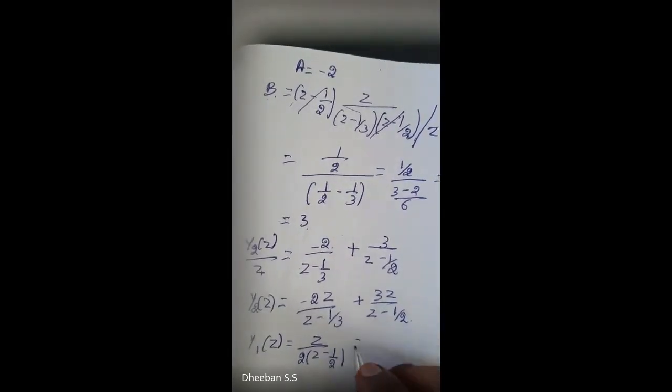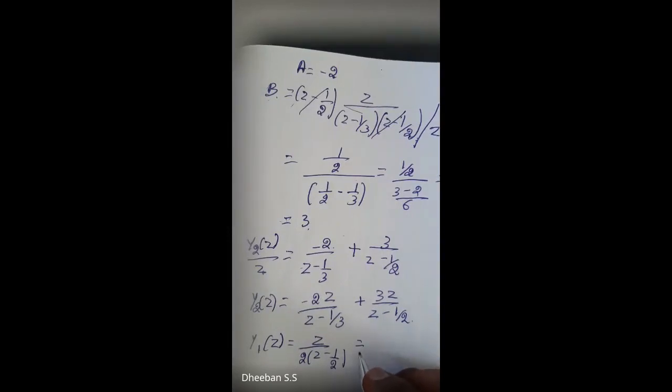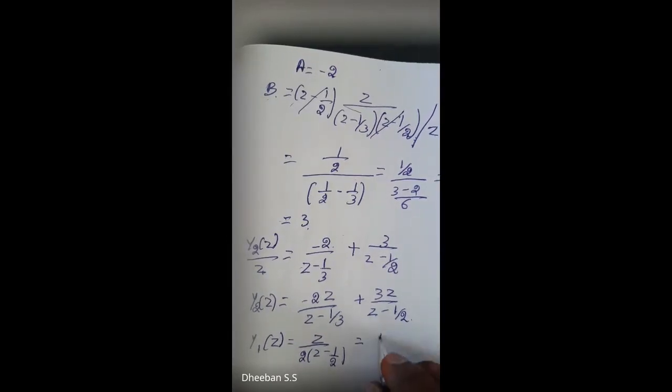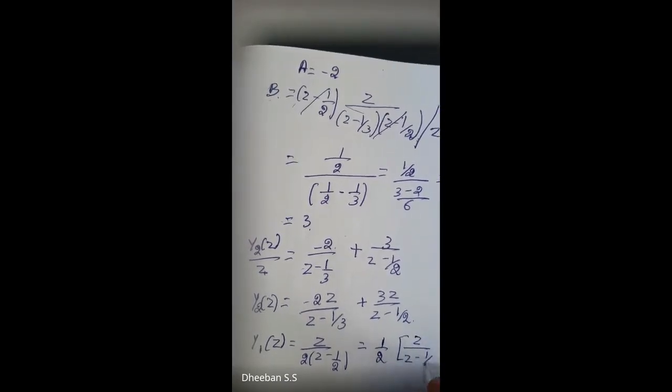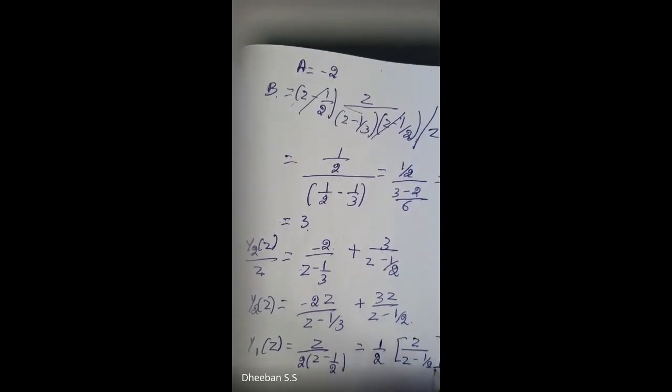This one you can write as 1/2 into z by (z minus 1/2). So now what happens?